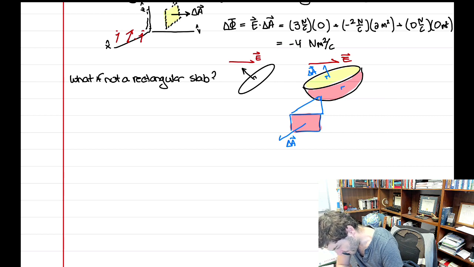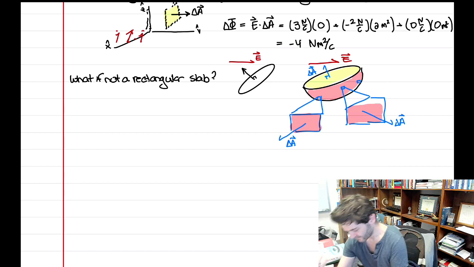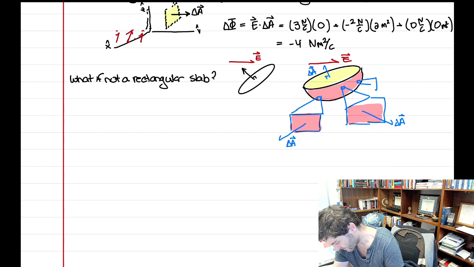Here, if I were to zoom in, the slab looks like it's pointing in that direction, where a slab here on the back side of the bowl is pointing in that direction.